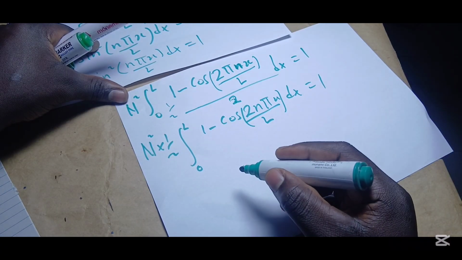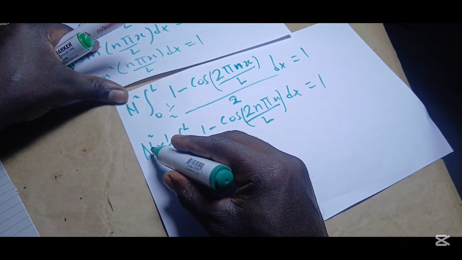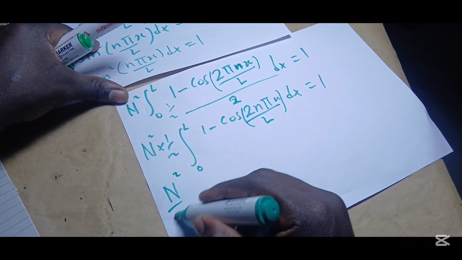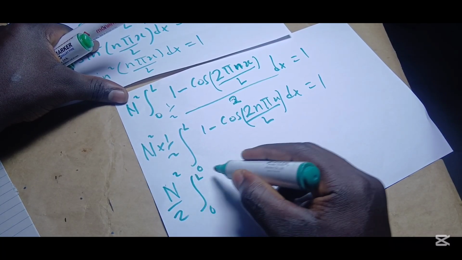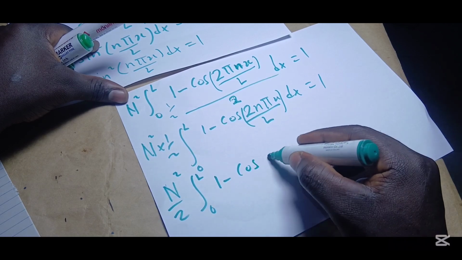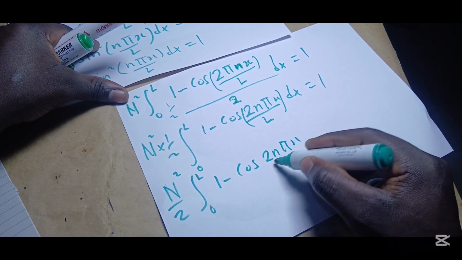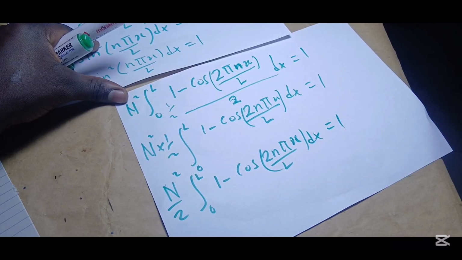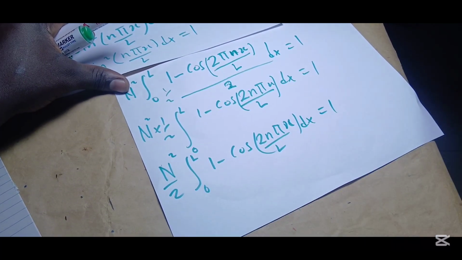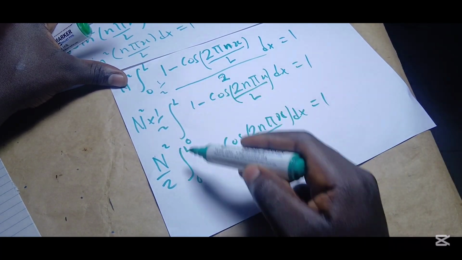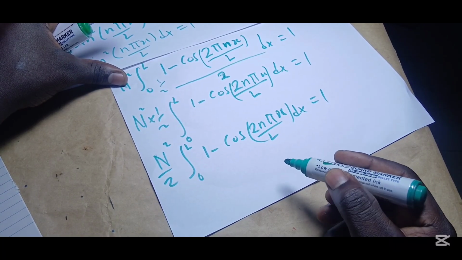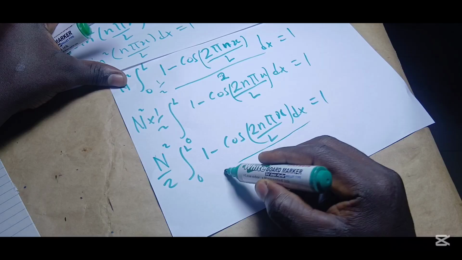So we can rewrite n squared multiplied by half as n squared over 2, integral from 0 to L of 1 minus cos 2n pi x all over L, dx equal to 1. So rewriting all this in this form, just simplifying this term here, n squared over 2. So now we integrate this term here.